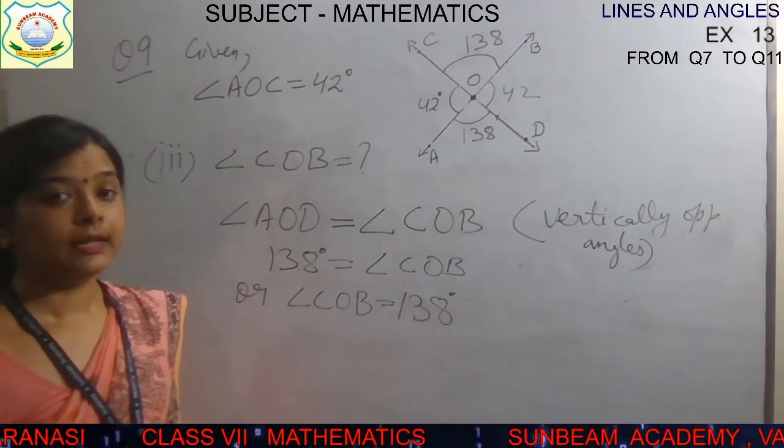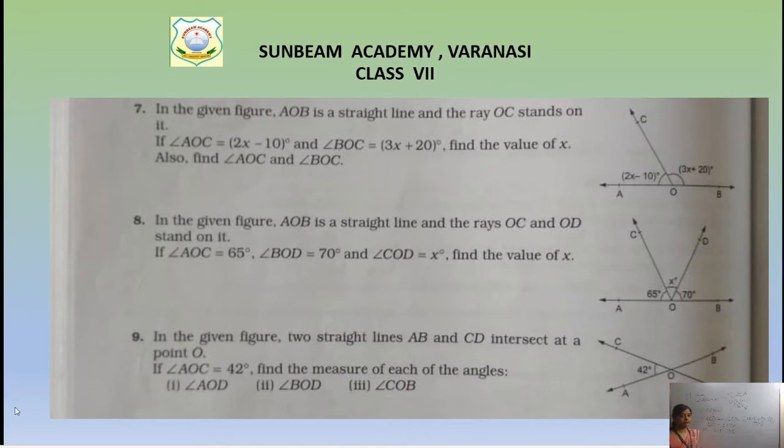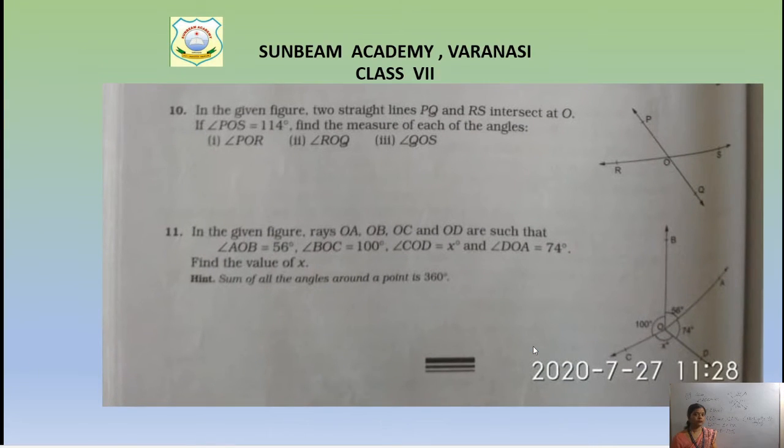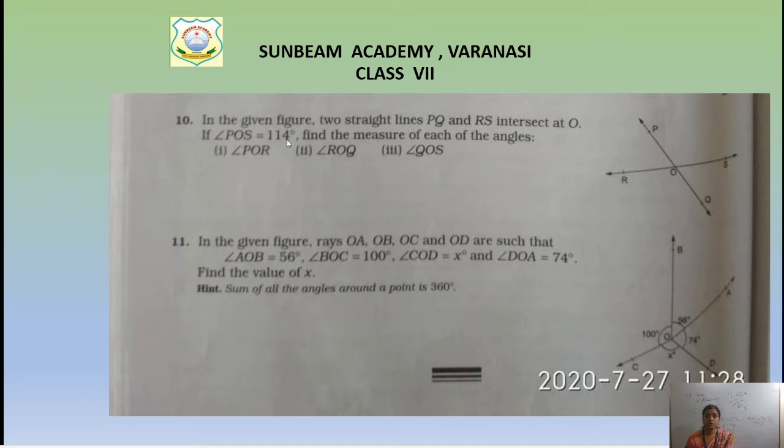Now next question. Question number 9. After that question number 11. Let's see. See question number 11. But before solving question number 11, let's see question number 10 also. Question number 10 is saying that these two straight lines intersect at a point O. PQ and RS.